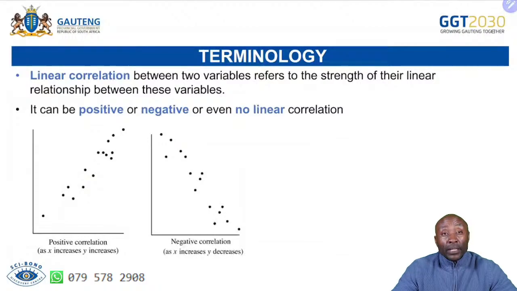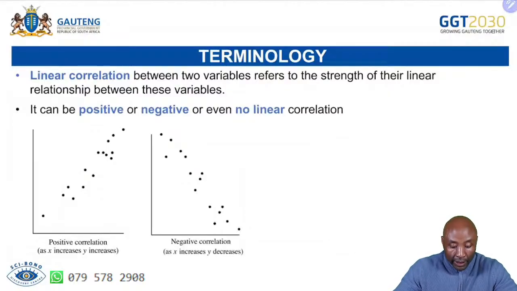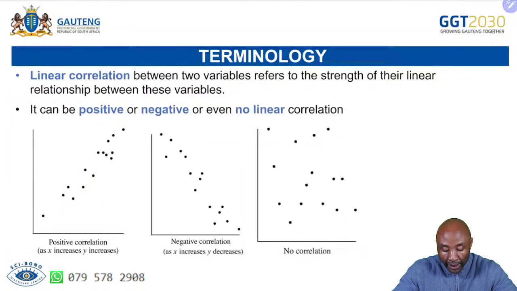And then we have a negative correlation where the points plotted seem to be forming a decreasing trend, and we call it a negative correlation. And then we have no correlation at all, where we can't actually say whether the points are having a positive or a negative trend.